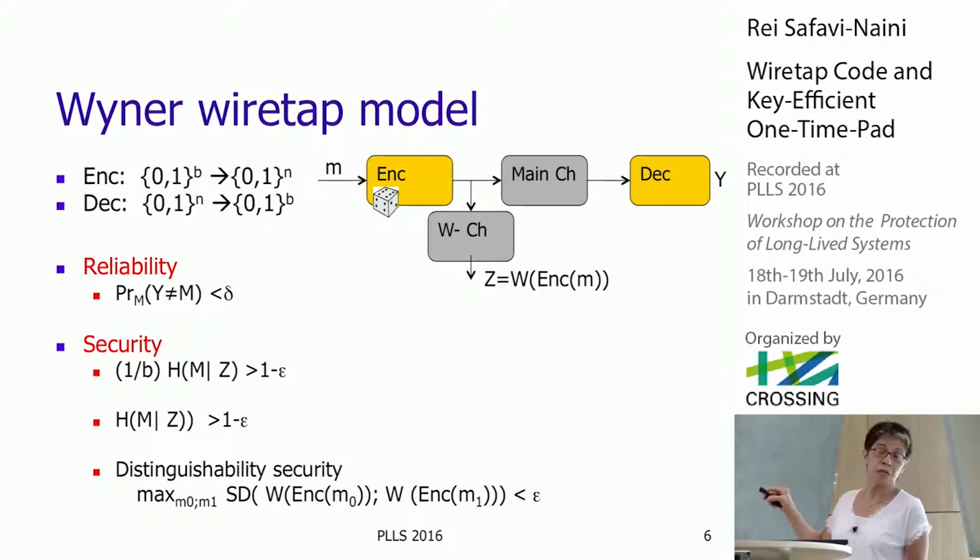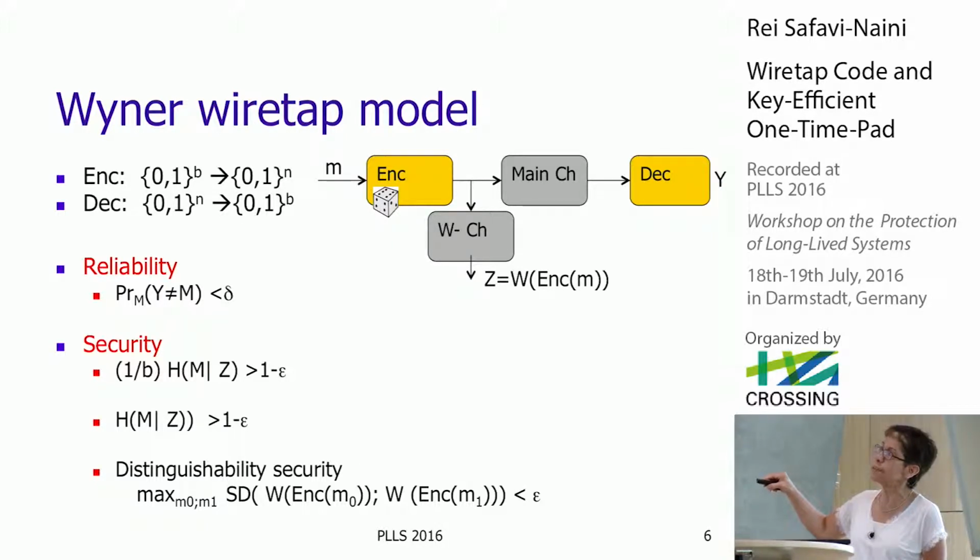The main channel is also a noisy channel, so the receiver gets a noisy view. Because it has less noise, it can decode it. The adversary has a noisier channel, and it sees a noisier version of this. So these are the definitions.